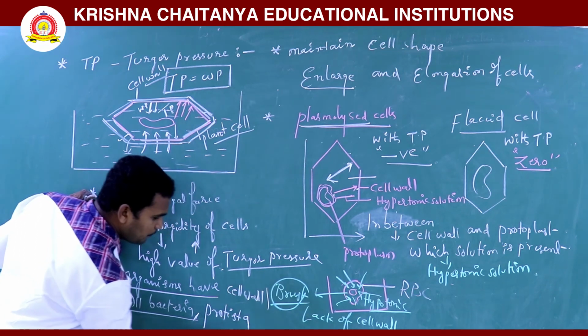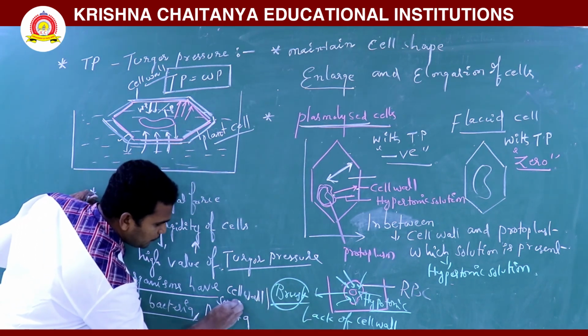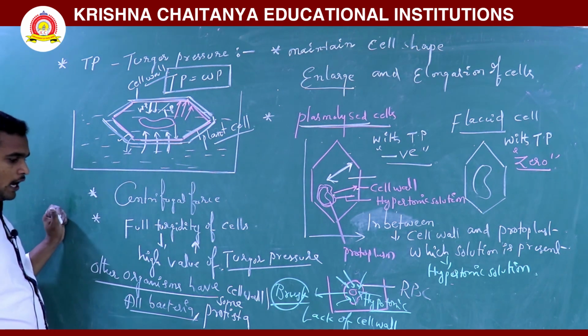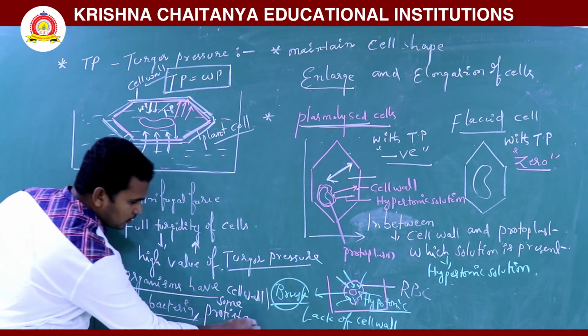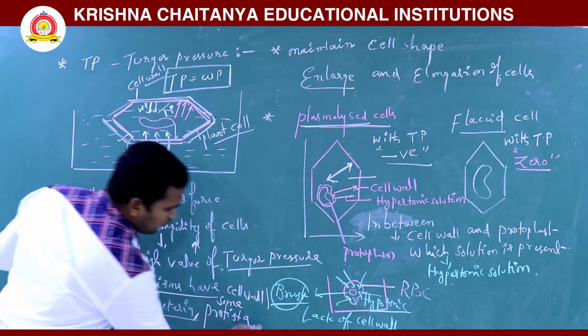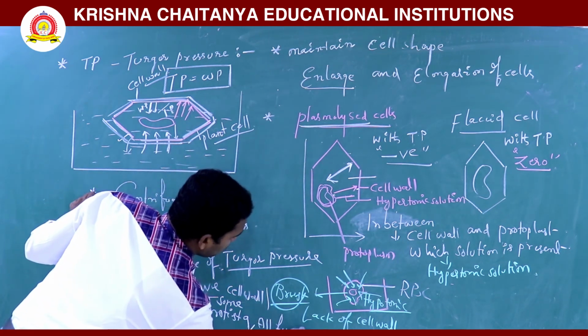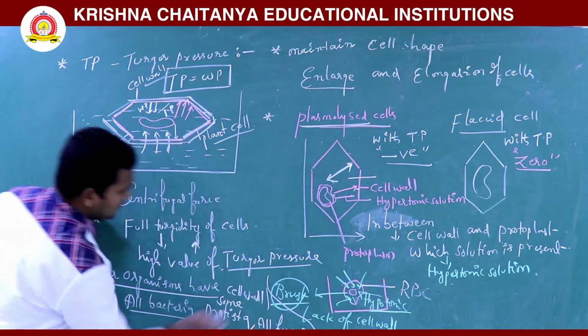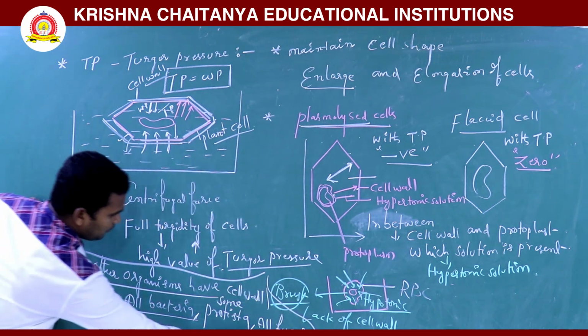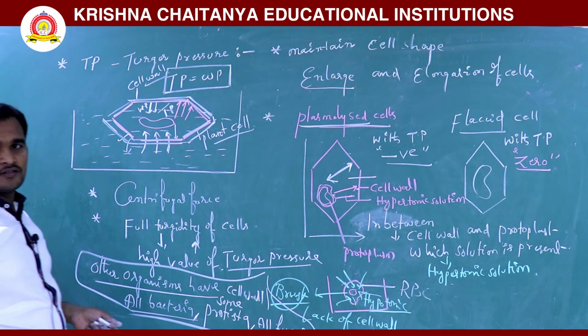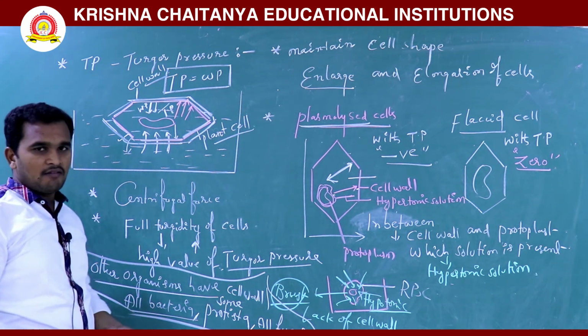Some protista have a cell wall, and all fungi have a cell wall.